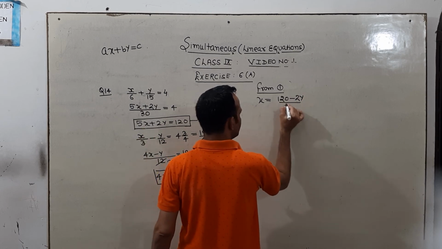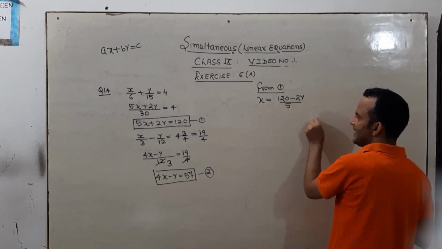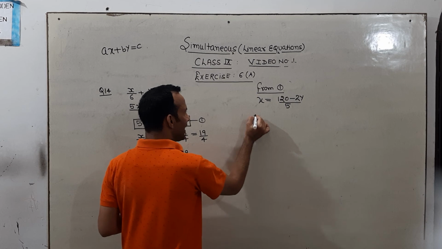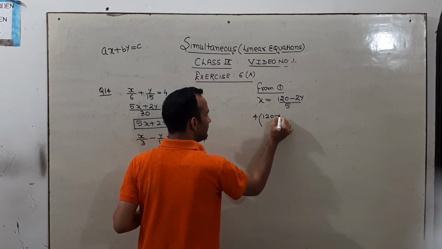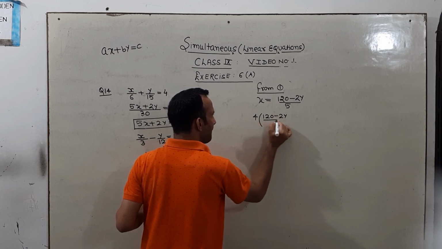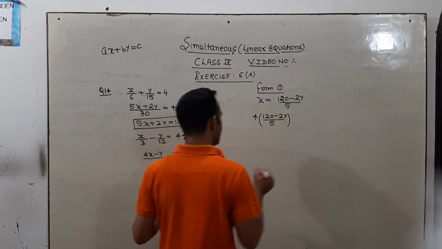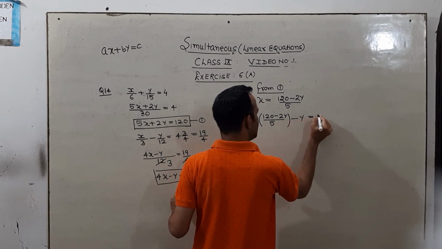Okay, now we write, substitute this value of x in equation number second. Second equation is what? 4x minus y is equal to 57.